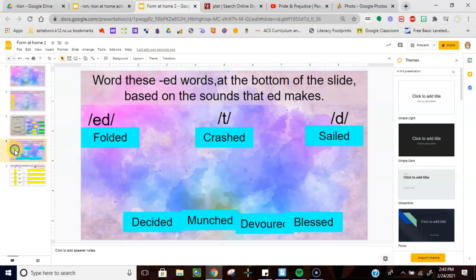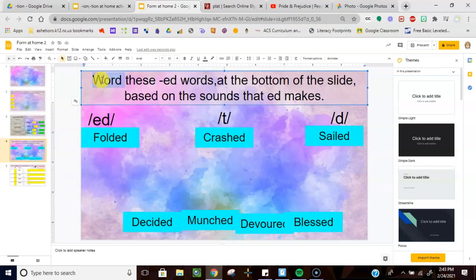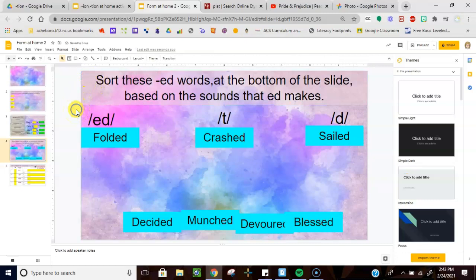Now, the fourth slide here is working with ED. So we have directions here. It says, goodness gracious, sort these ED words at the bottom of the slide based on the sounds that ED makes.